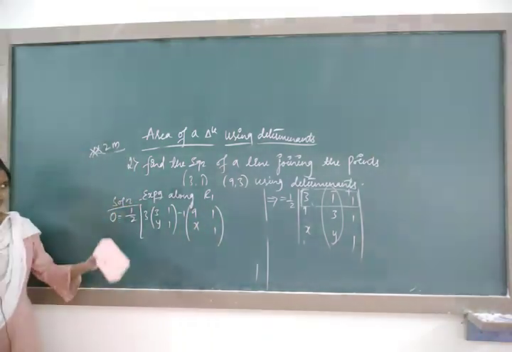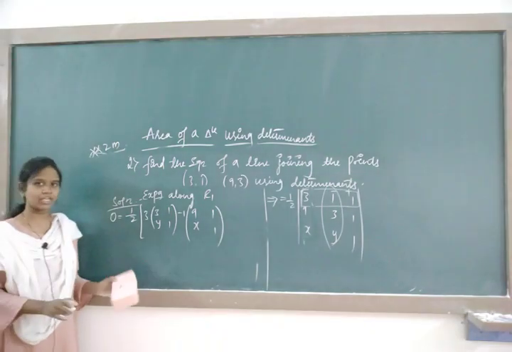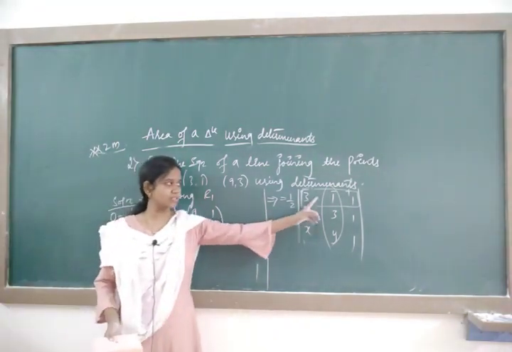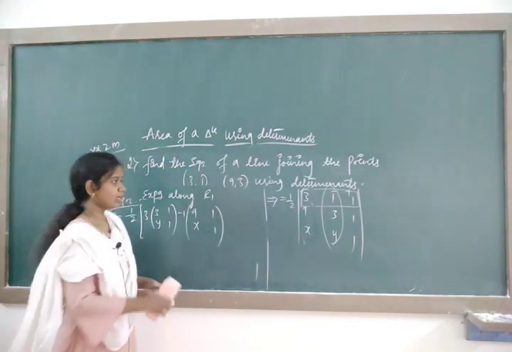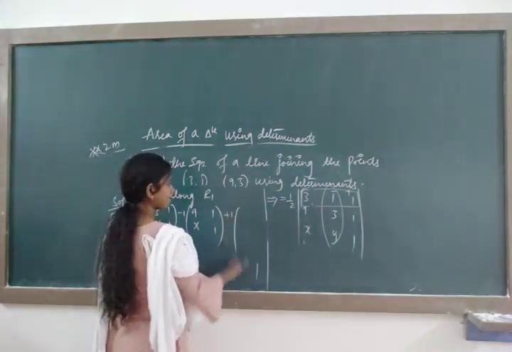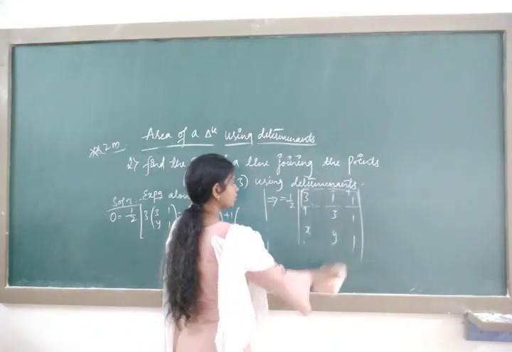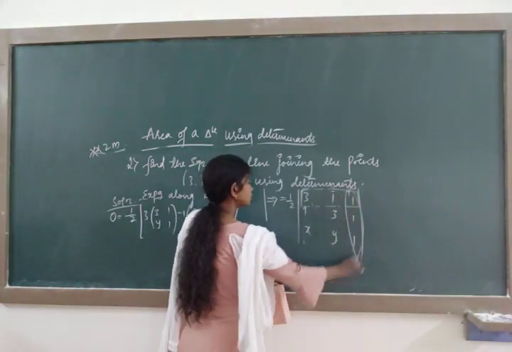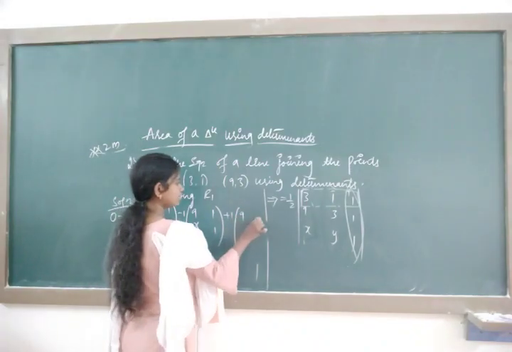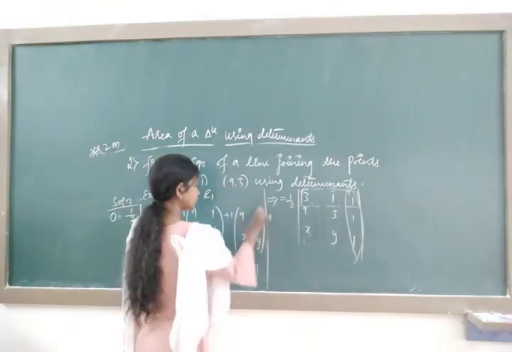Observe that the first row is closed, but you have to take its values 3, minus 1, 1, don't forget. Plus 1 of, now the second column is open and the third column closed: 9, 3, x, y.